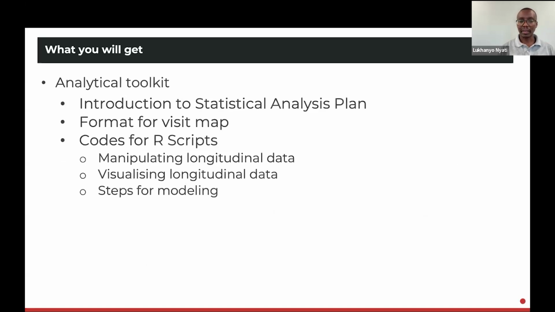Once again, there is an analytical toolkit that will be provided to all attendees for this series. And as you saw yesterday, we were dealing with R scripts, and wherever possible, I will provide an alternative for Stata commands.